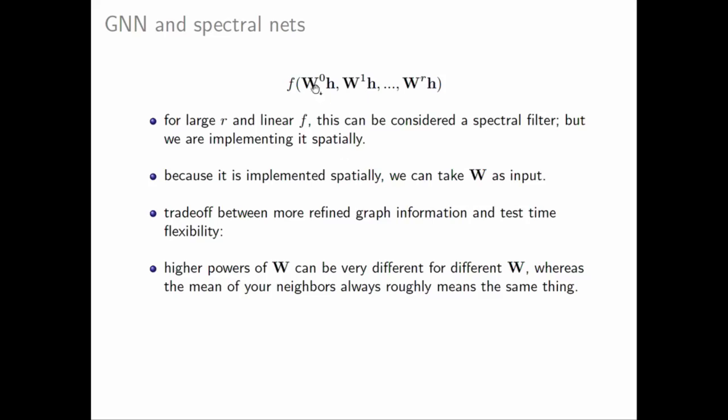And what happens is, the higher the power you use here, the bigger the R is, the more powerful the method is, the more rich kinds of filters you can build. But there's a trade-off. The richer I'm allowed to make my filter class, the more dependent I am on the exact graph structure I have. And for example, let's imagine a really simple thing. Let's imagine a chain of vertices, a really simple graph.